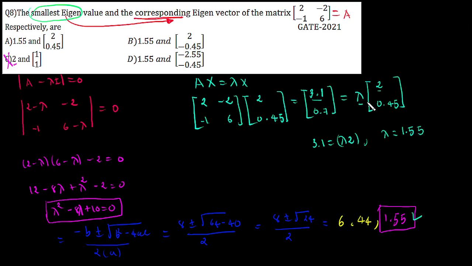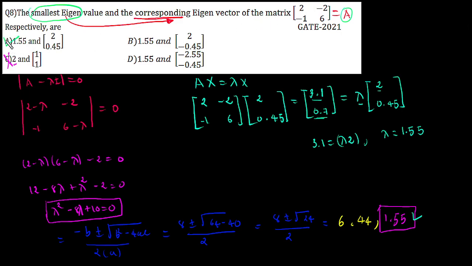You can also check the last entry. If you multiply 0.45 with 1.55, you will get 0.7. So this condition holds if the scalar lambda takes the value 1.55, which is the minimum eigenvalue of matrix A. In other words, option A is the correct eigenvalue and corresponding eigenvector for this 2 cross 2 matrix.